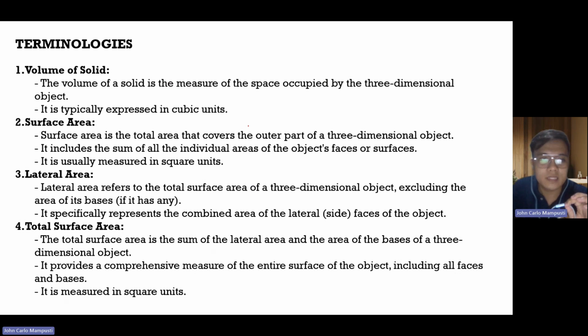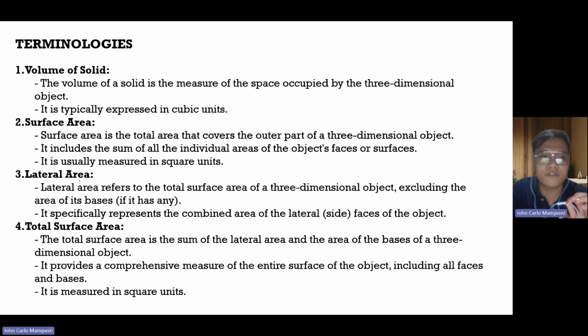Next one, we have the surface area. Surface area is the total area that covers the outer part of a three-dimensional object. This includes the sum of all individual areas of the objects, faces, or surfaces.